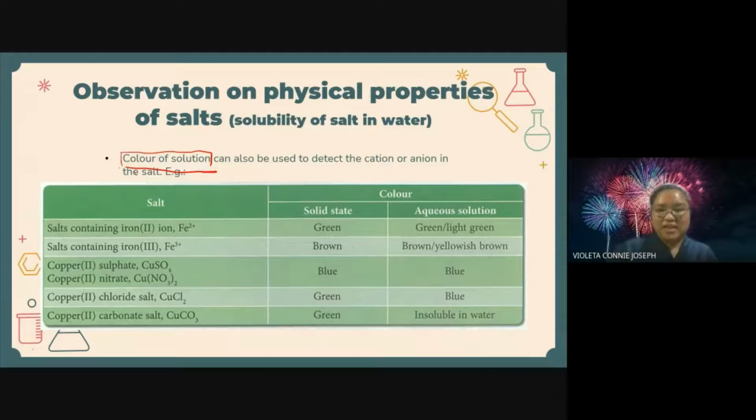The solid state will actually be the same as its aqueous solution, which is the salt dissolved in water, the salt solution. So if it's green, its aqueous solution is also green. If it's brown, also brown. And if it's blue, also blue.